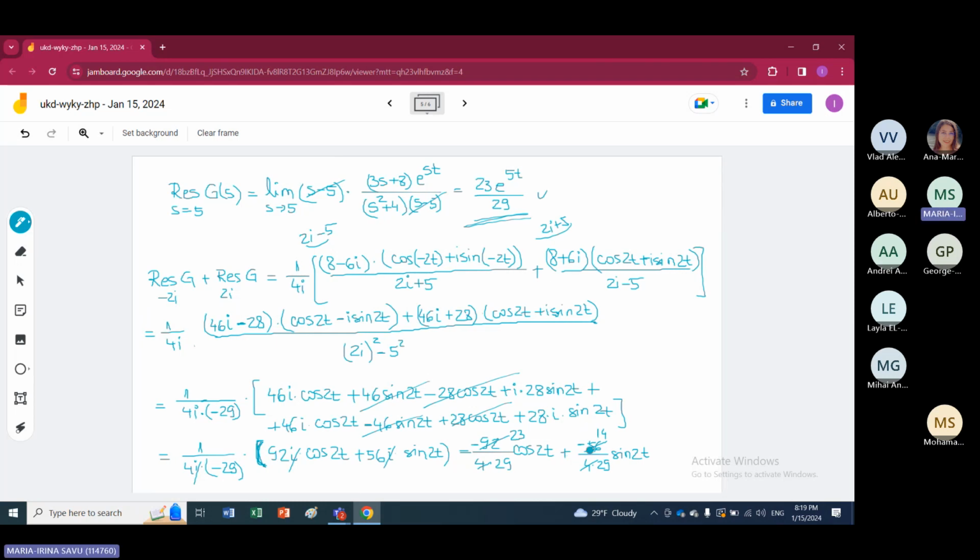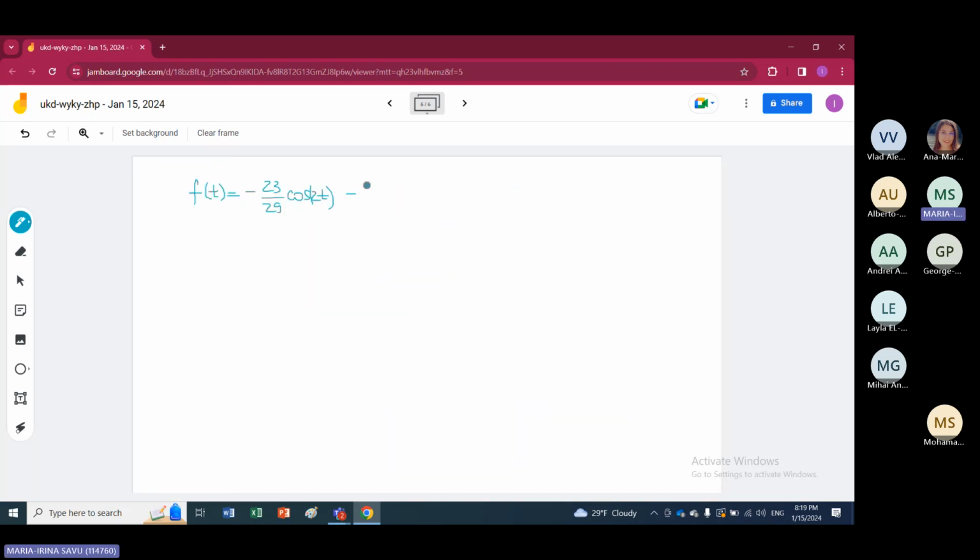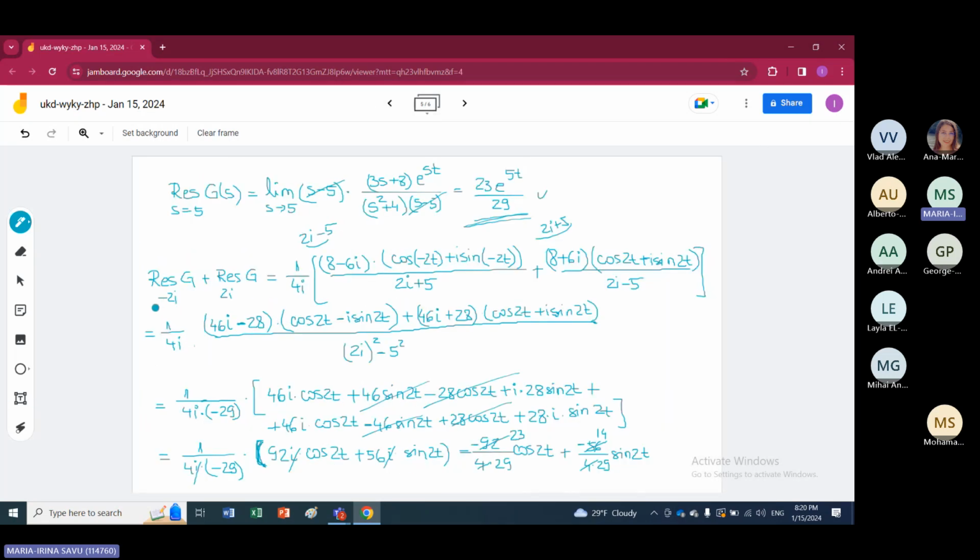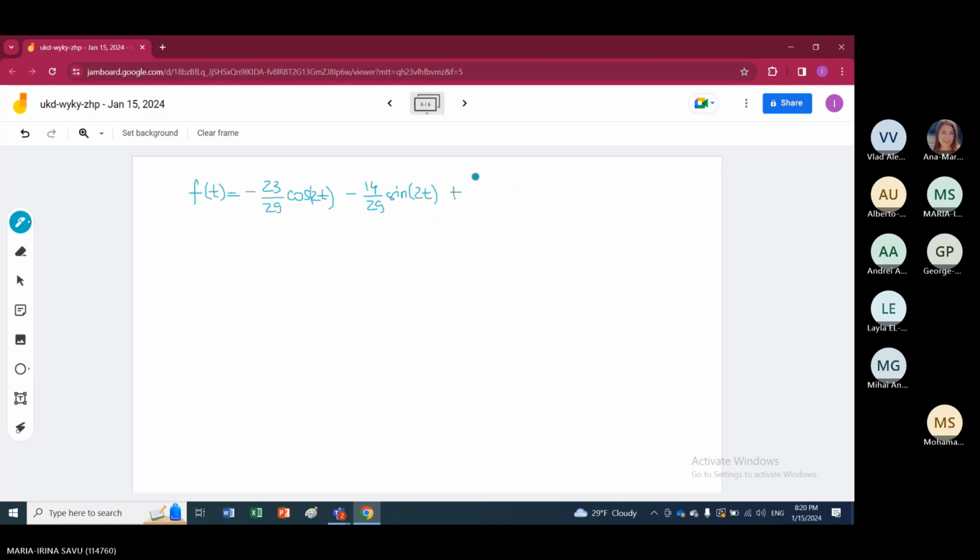We haven't computed p, but this is p minus 29 sine of t. And we must add this of the first two residues. We must add this one, 23 over 29 here at 5t. Okay, and this is the original function. You must obtain first the same function. And it is the same function.